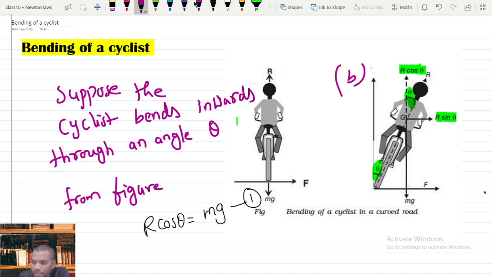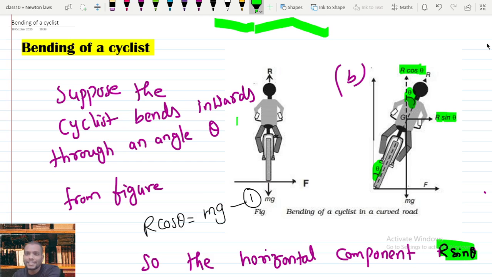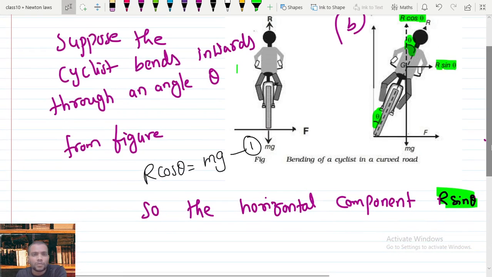The vertical component is balanced with mg. So the horizontal component in this case is R sin theta. Now the horizontal component of the normal reaction should provide the necessary centripetal force, because without centripetal force we cannot complete the circular motion.